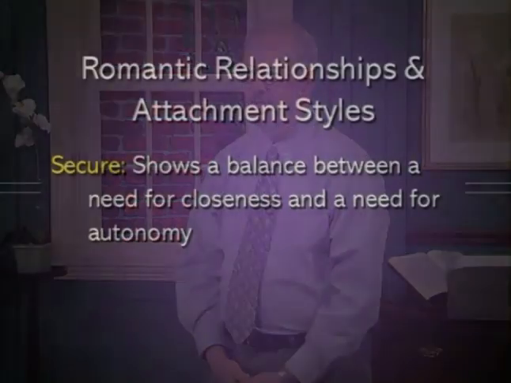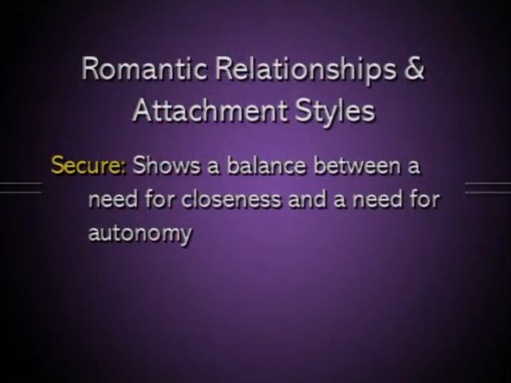So the way they translated these attachment types or styles for adult romantic relationships is that the secure style shows a balance between a need or preference for closeness and a need for autonomy. In some ways, it's reminiscent of Erikson's accomplishment of both a secure identity and a sense of intimacy.